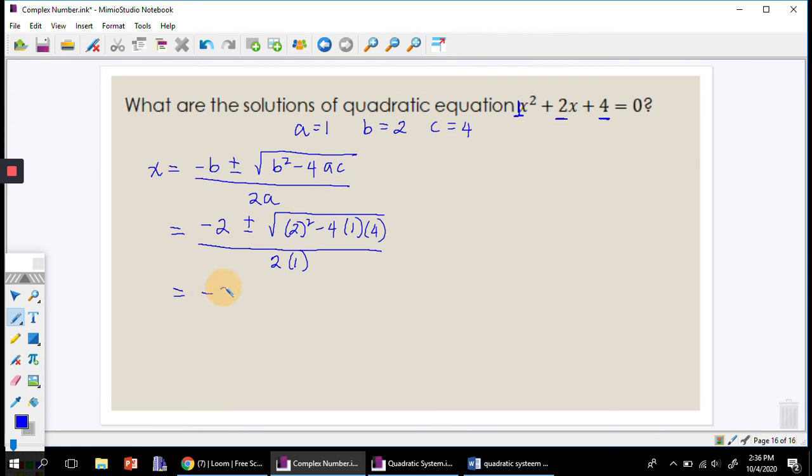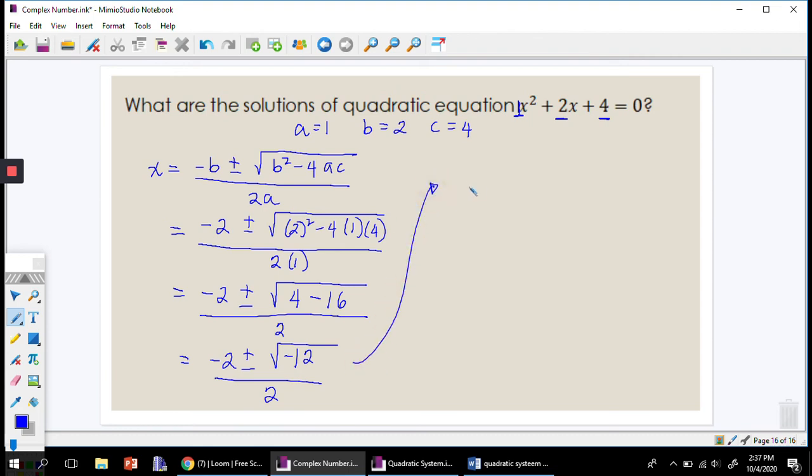So -2 plus minus the square root of 2 squared, which is 4. Then -4 times 1 times 4 is -16. All over 2 times 1, which is 2. And that will be -2 plus minus the square root of 4 minus 16, which is negative 12, all over 2.